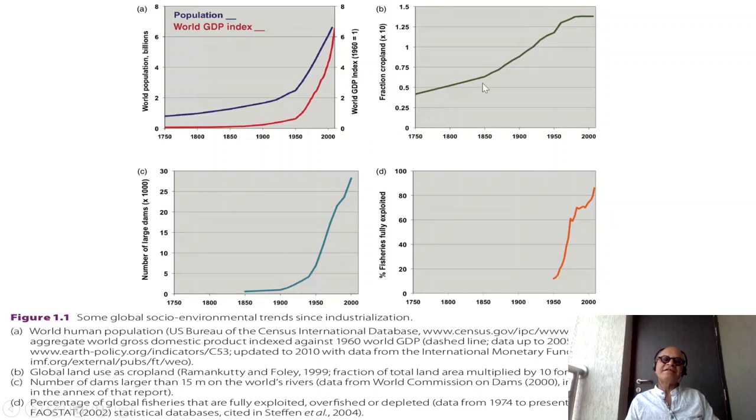Fraction of cropland has increased. Number of large dams has increased for electricity production and other agricultural uses. Fisheries are being exploited, and many of them now are beyond sustainable fishing levels. So that is something that also is related to increasing GDP, especially in developing countries where higher income comes with higher demand for meat and fish, for example.